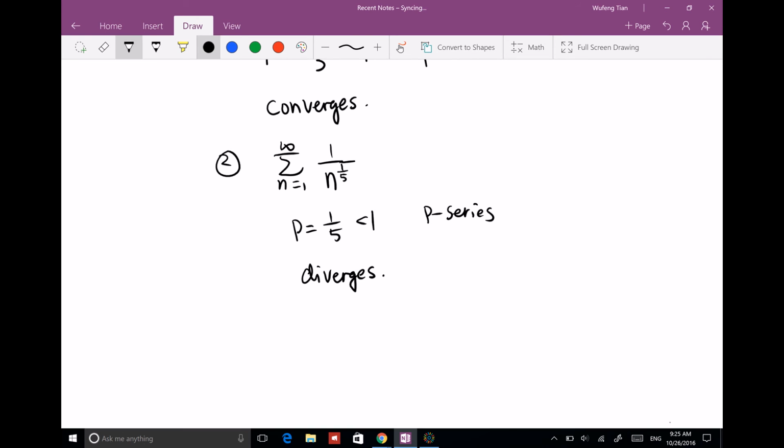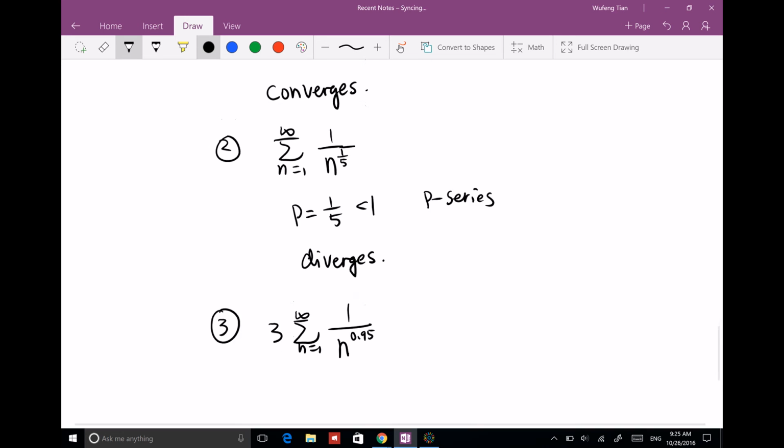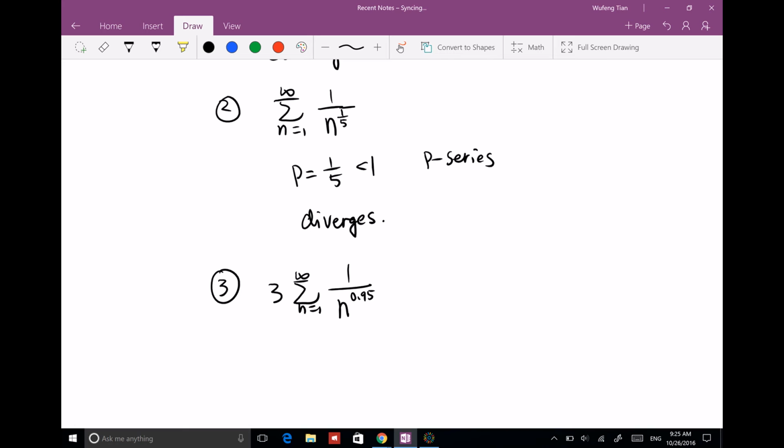Okay, so number 3. May Constantine help me in this one. Bella, could you please help me in this one? Yep. P is 0.95.